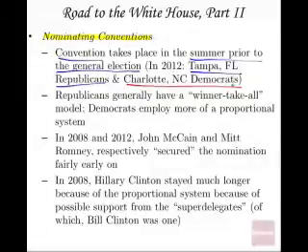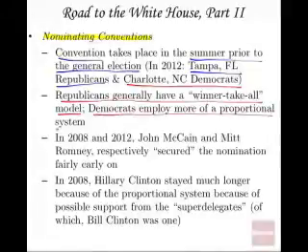Again, if it's in the swing states, then all the better to try to build momentum for your political party by having it in a key swing state. Again, in terms of differences between the Republicans and Democrats, Republicans generally have this winner-take-all model, whereas Democrats employ more of a proportional system.